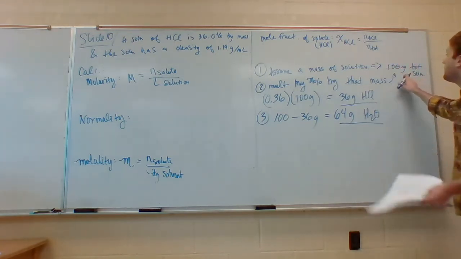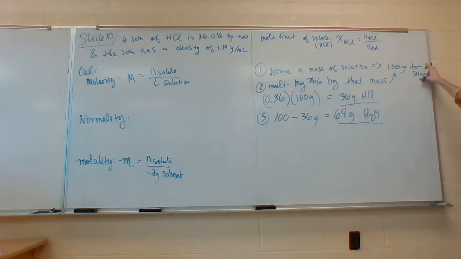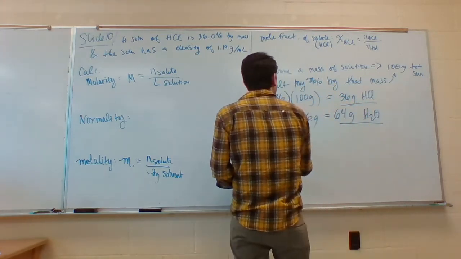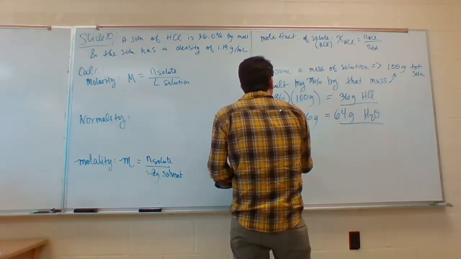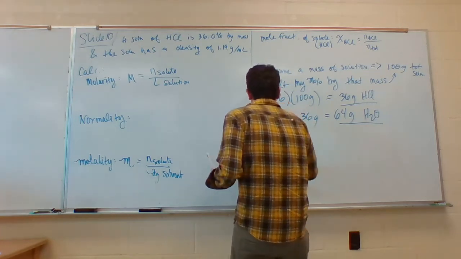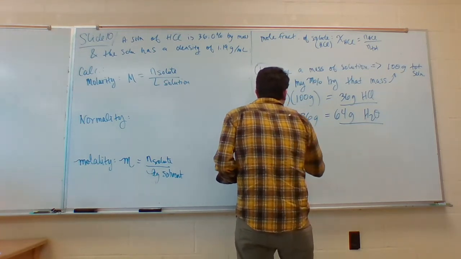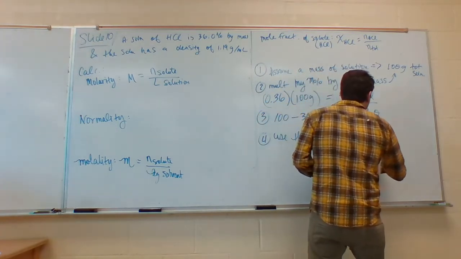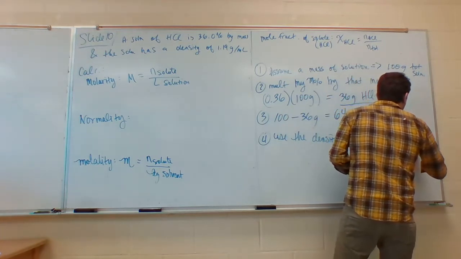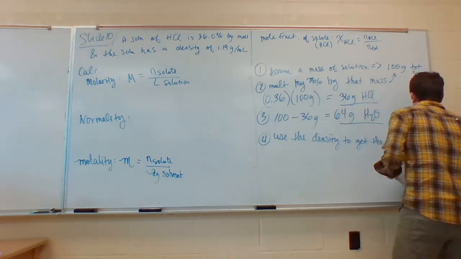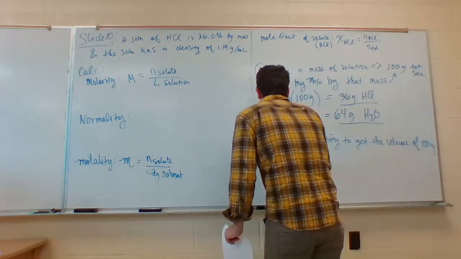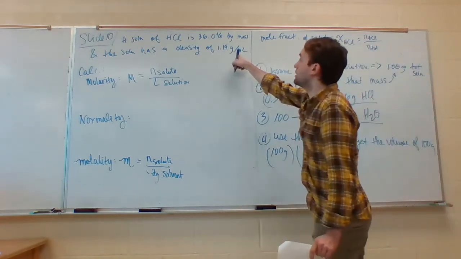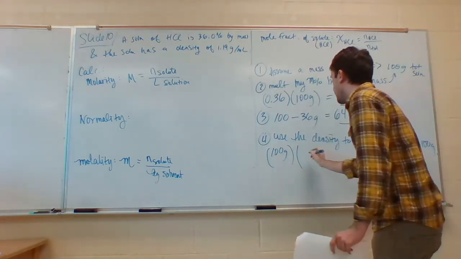We also know that we have grams of total solution, and we have a density for that solution. So let's take our 100 grams. Step 4 is to use the density to get the volume of the 100 grams. We have 100 grams of solution, and here's our density. We want the grams to cancel, so they go on the bottom.